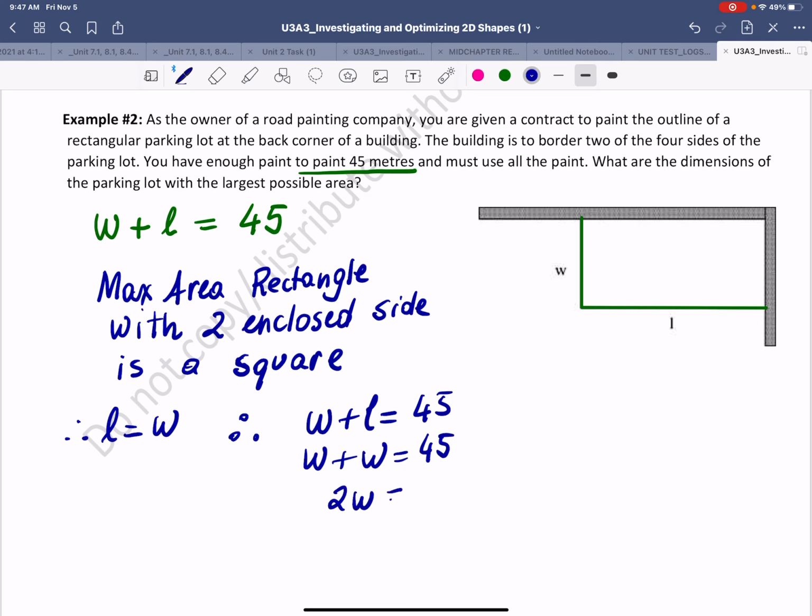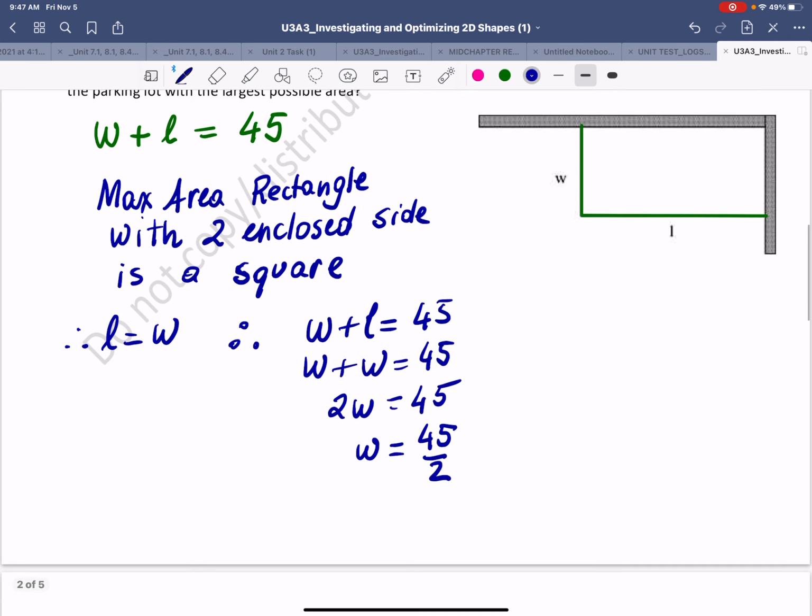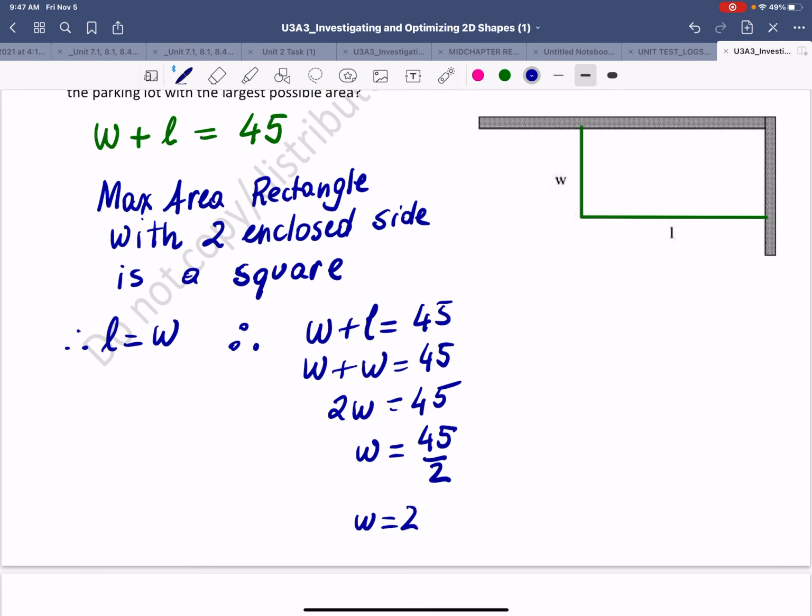So 2W is 45, or W is 45 over 2, or 22.5.